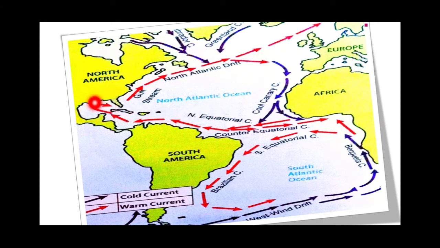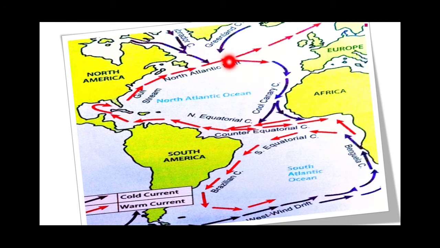This is, children, the Gulf of Mexico, near about 20° north latitude, and it flows northward along the eastern coast of North America.